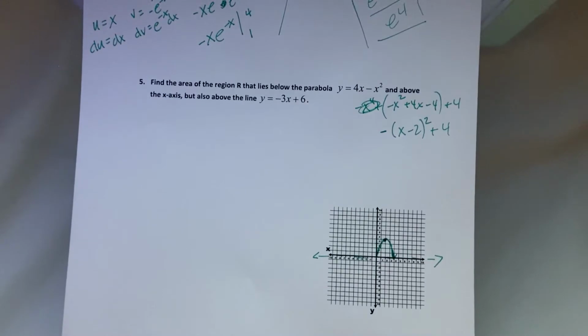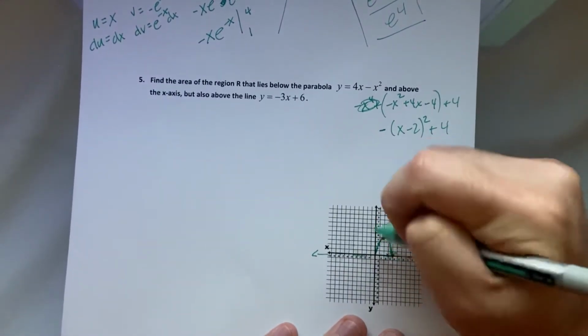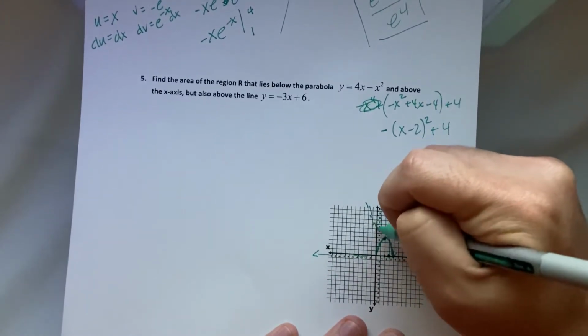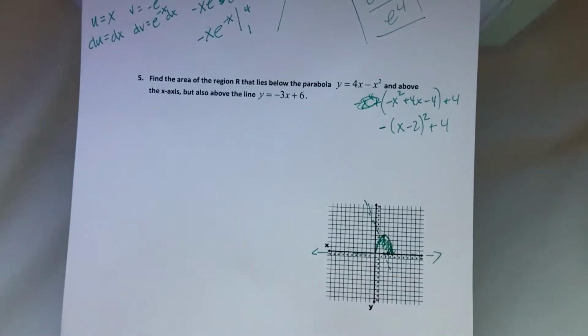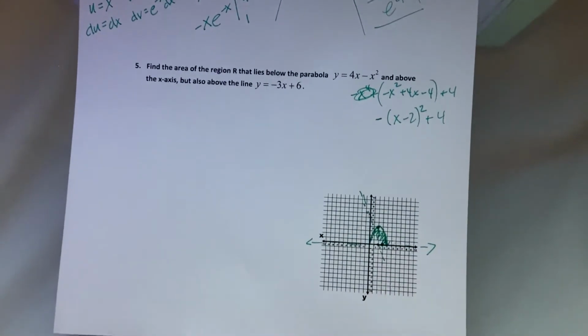But it also wants it above the line negative 3x plus 6, which we know to be this thing right there. So it's this area. Now in the past, if we had two equations like this, we would take upper minus lower and split it into as many integrals as we need to.